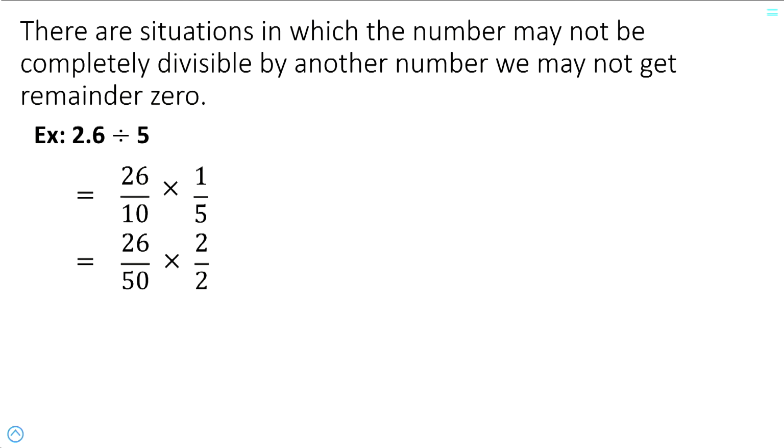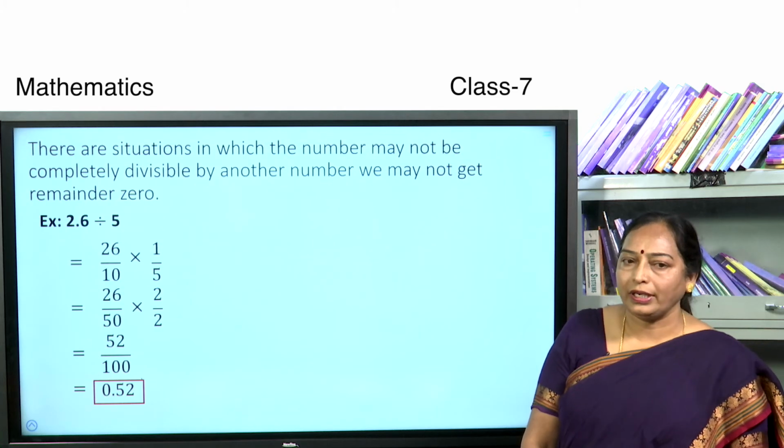So, we multiply both numerator and denominator by 2. 26 2s are 52, 50 2s are 100, we will get 52 by 100. How many zeros are there in the denominator? 2 zeros. Therefore, put the point after 2 digits from the right in the numerator. Therefore, we will get the answer 0.52.